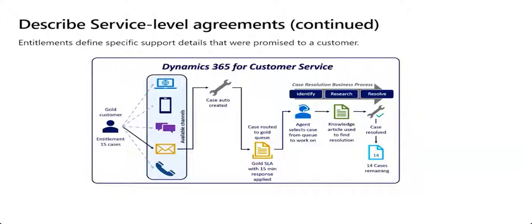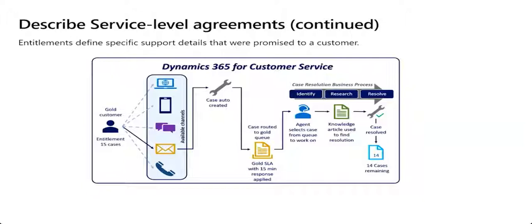So in the scenario here, we have a gold tier customer, and they are entitled to 15 cases a year. And so what they choose to do is they choose to open a case through an email, and the case is automatically created. And their service contract includes an SLA for the first response time to be within 15 minutes. And so what's going to happen is that case is going to get routed to the gold queue so it can be picked up by an agent quickly, and it allows them to meet their SLA.